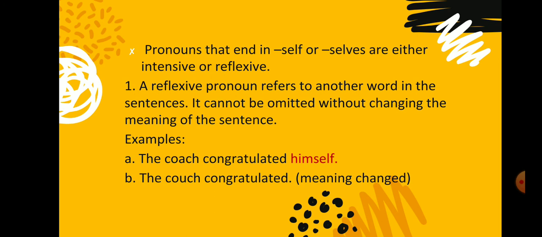If you omit the reflexive pronoun in the sentence, you're going to change the meaning of the sentence. For example, the coach congratulated himself. The coach congratulated. If you take away the reflexive pronoun himself, you're going to change the meaning of the sentence.